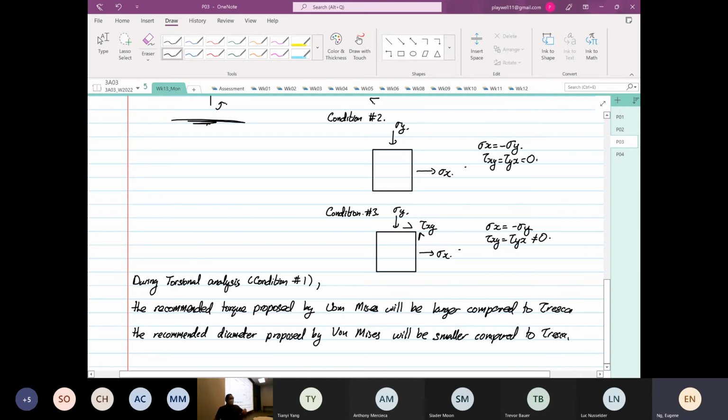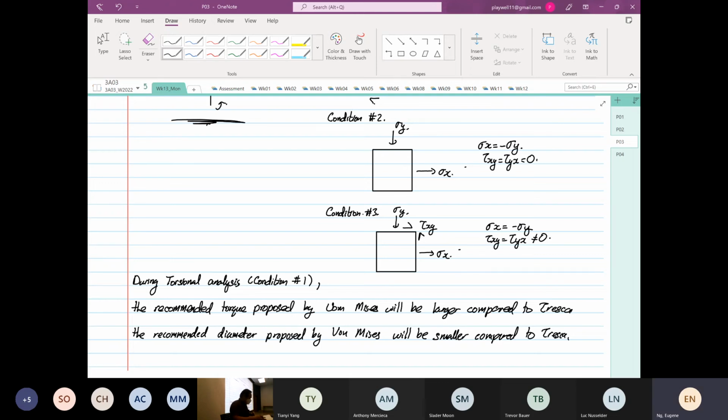So if we look at applied torque, it will be larger using von Mises. The recommended diameter will be smaller because it's more aggressive. Yes or no? It's less conservative.